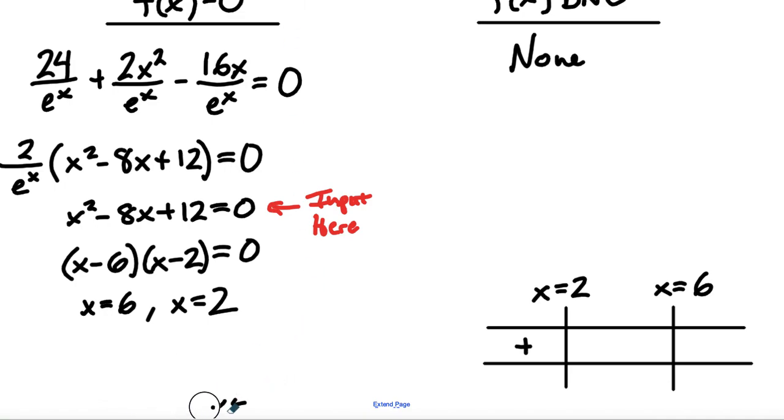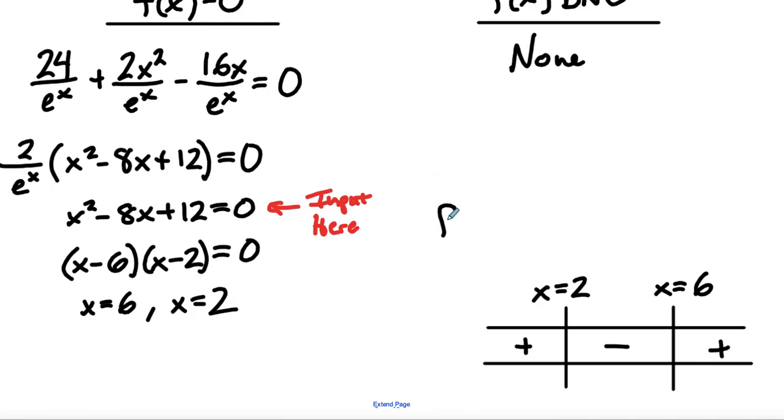So I'm going to record that I got a negative value for this section of the graph for f of x. And then I input 10. Well, 10 squared is pretty easy. I just picked 10 because it's an easy number to square. So 10 squared is 100 minus 80. That's still positive, and then plus 12, so that's going to be positive.